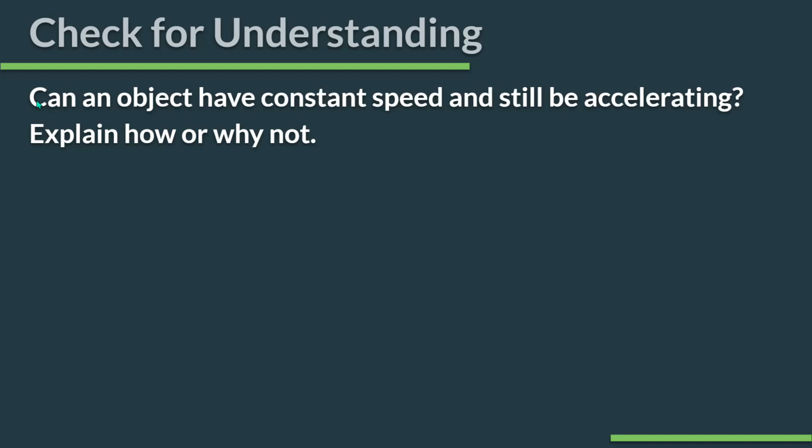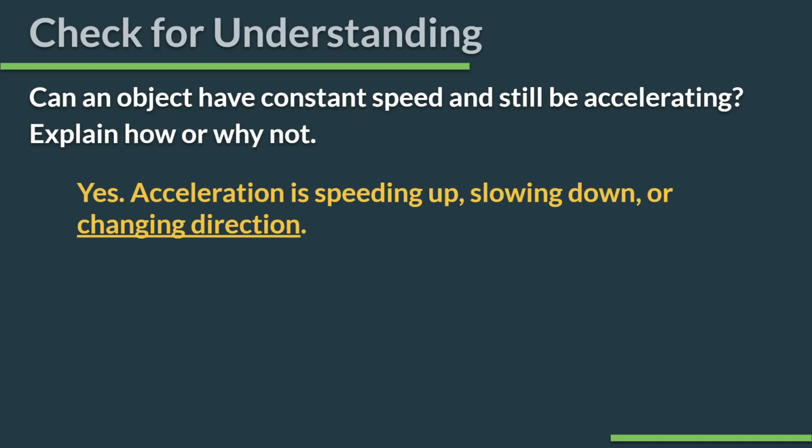What about this one? Can an object have constant speed and still be accelerating? I see some no's and I see a yes. The answer to this is yes. As a reminder, if you need to write it down again, write it down again. Acceleration is speeding up, slowing down, or changing direction.